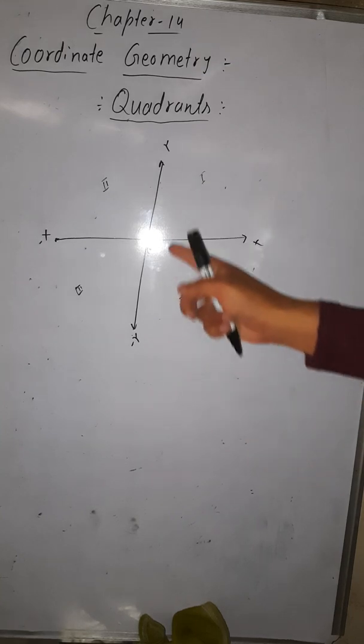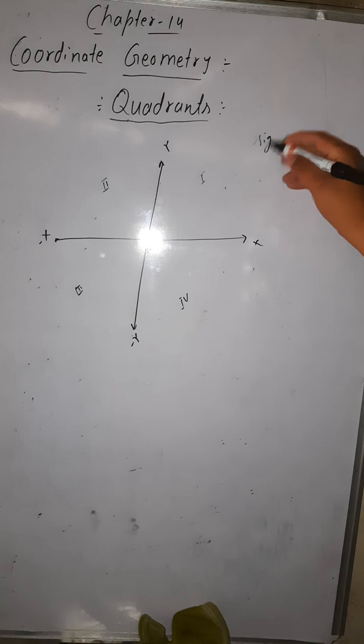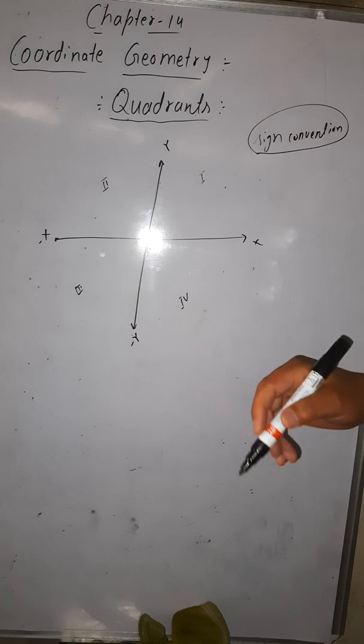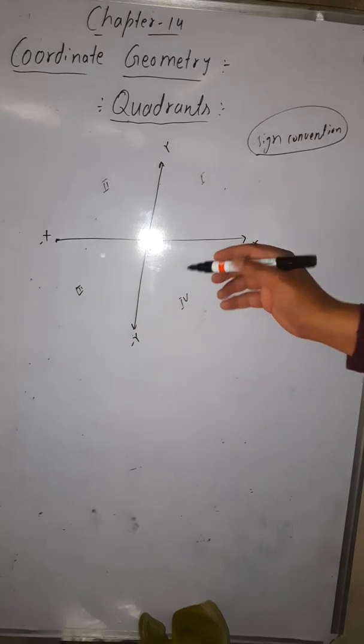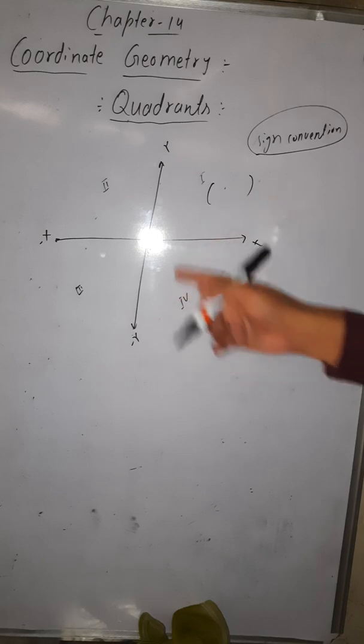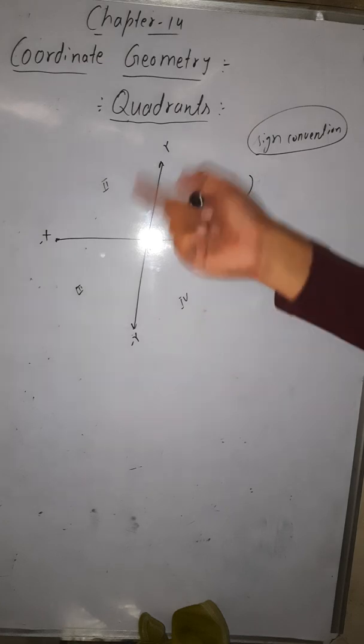Okay dear, now we will study about the sign convention in the quadrants. Okay, now if you see the sign, what will be the sign of the points in the first quadrant? Suppose a point lies here in the first quadrant, what will be its sign?